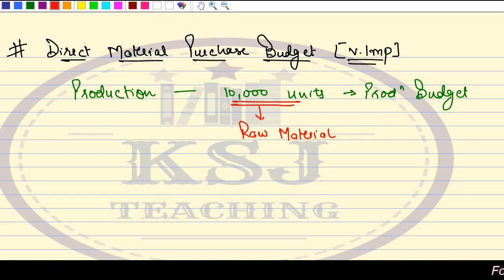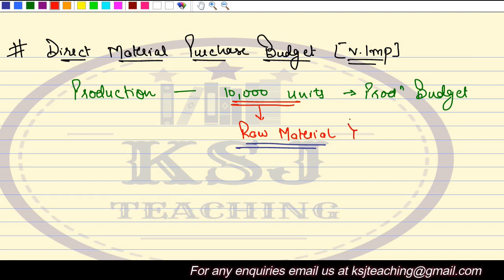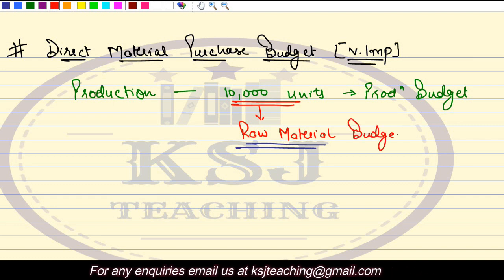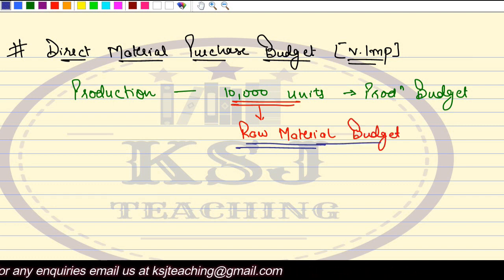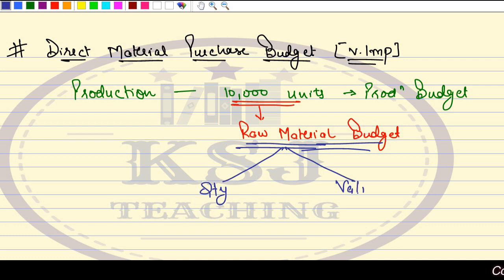To decide this, we prepare the raw material budget. The raw material budget decides upon two things: one is the quantity, the other is the value or the cost.